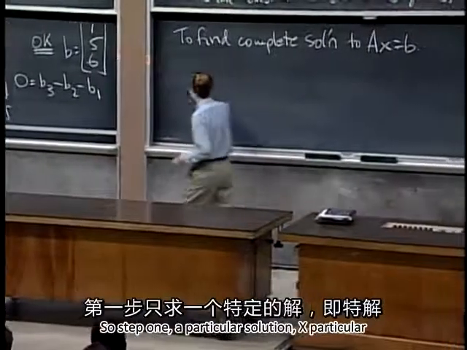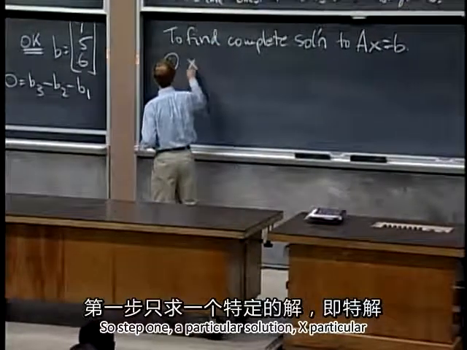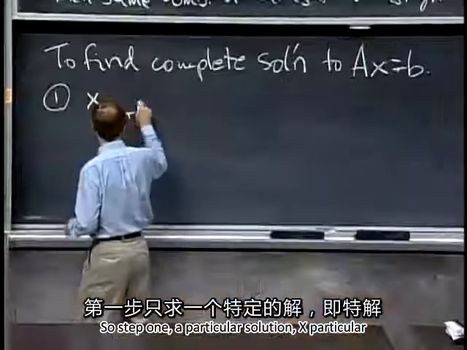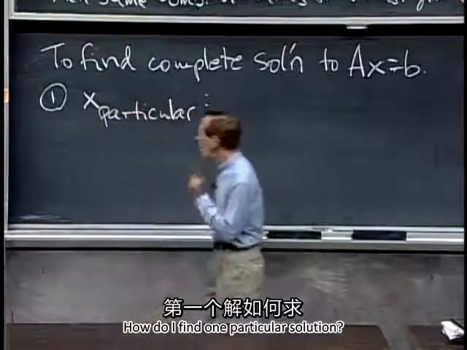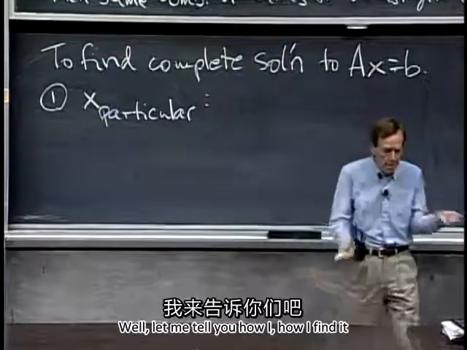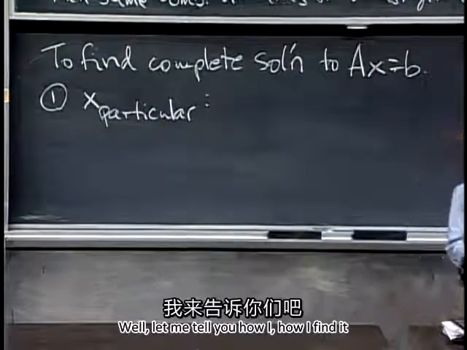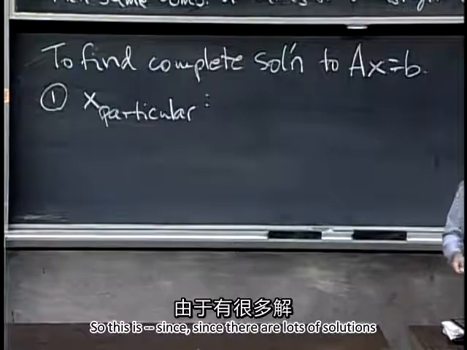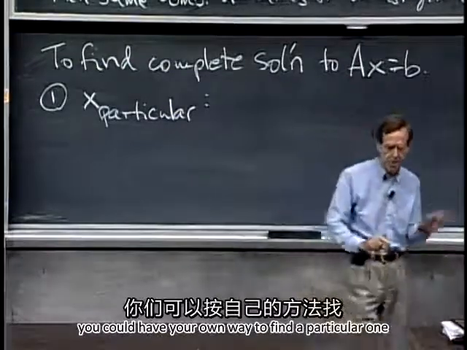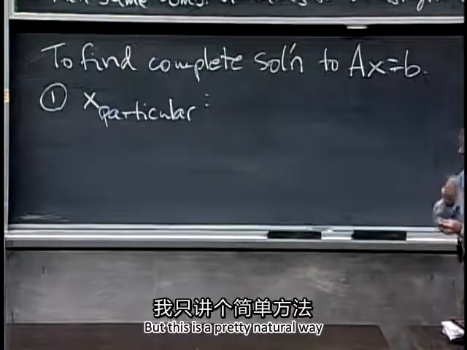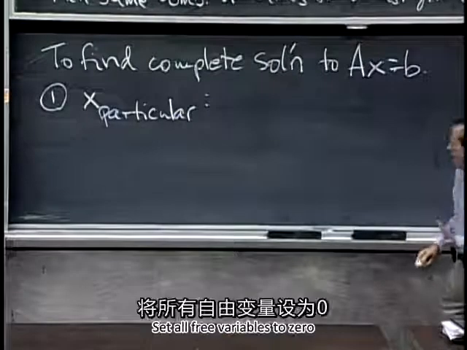So step 1, a particular solution, x particular. How do I find one particular solution? Well, let me tell you how I find it. Since there are lots of solutions, you could have your own way to find a particular one. But this is a pretty natural way.